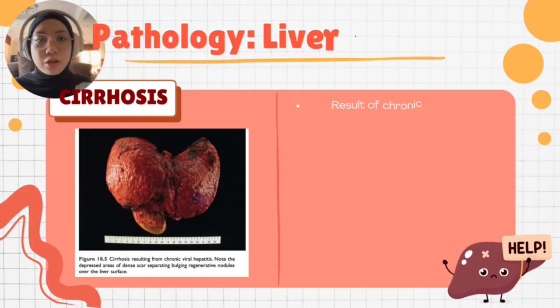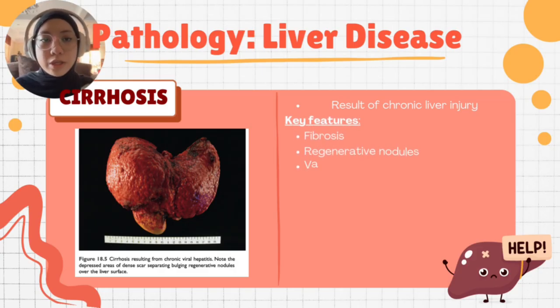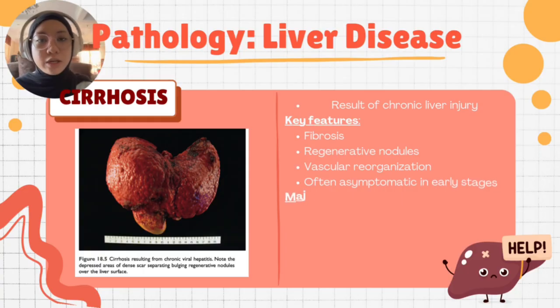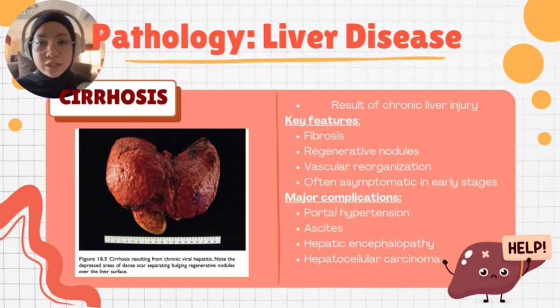So now let's move on to the pathology aspect of the liver. One of the most important liver pathologies is cirrhosis, which results from chronic liver injury. It is characterized by fibrosis, regenerative nodules, and also distorted vascular architecture. Cirrhosis often develops silently, and many patients remain asymptomatic until advanced stages.